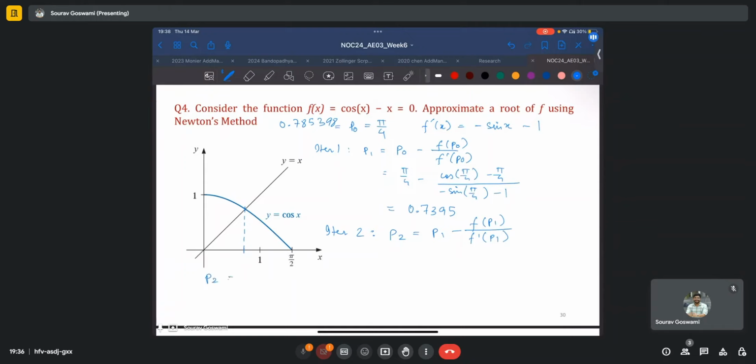So P2 is equal to 0.7395 minus (cos of 0.7395 radians minus 0.7395) divided by (minus sine of 0.7395 radians minus 1), which shall then equal 0.7395 minus 0.7395 divided by minus sine 0.7395 minus 1, 0.7395 minus answer.